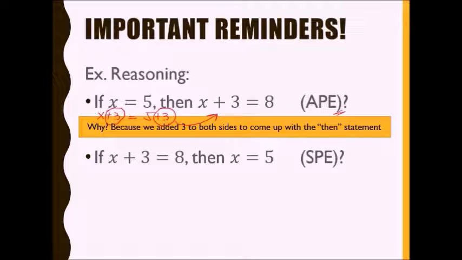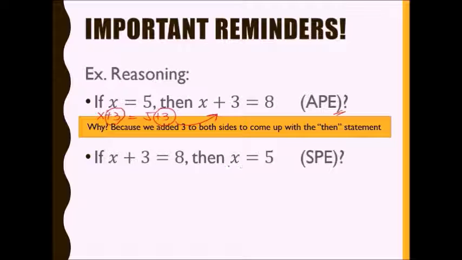Next, for our if statement, if you notice, the positions of the equations have just been swapped. What was originally in the then statement is now in the if, and what was originally in the if is now in the then. So the next statement is, if x plus 3 equals 8, then x equals 5. Why is it SPE? If we inspect carefully, x plus 3 becomes x.